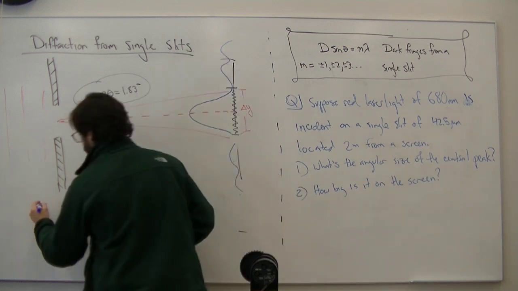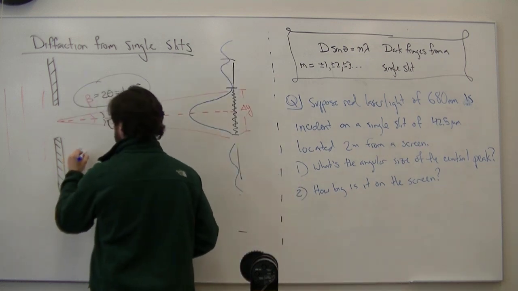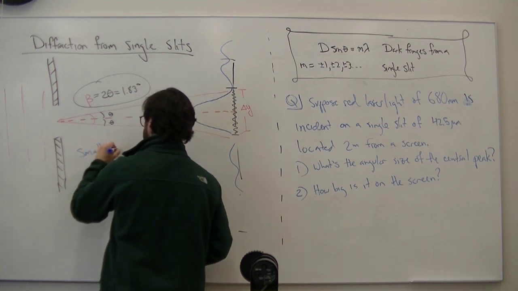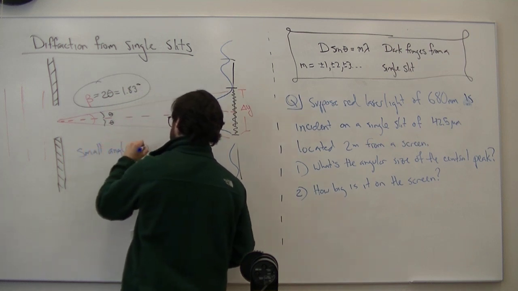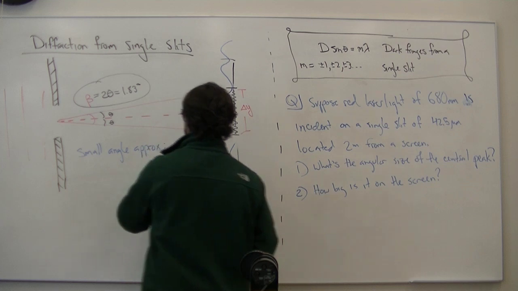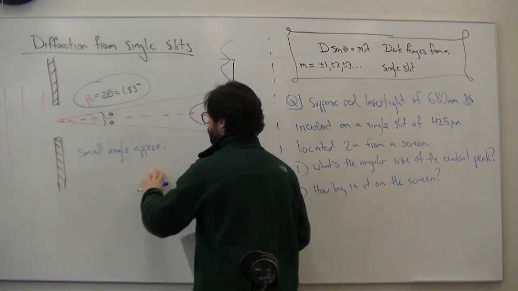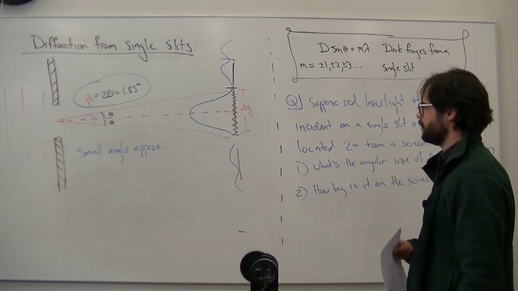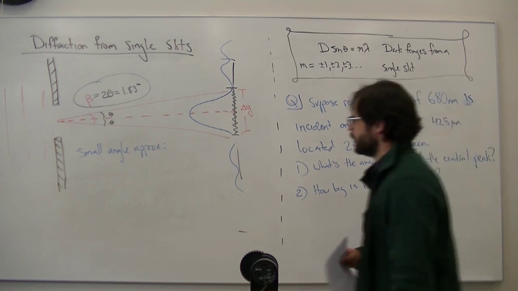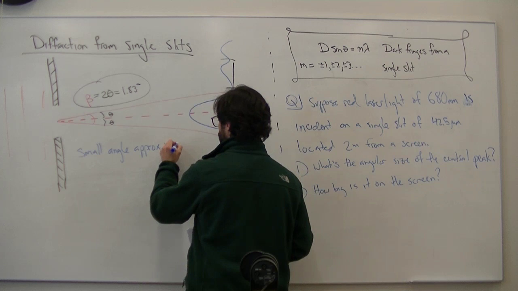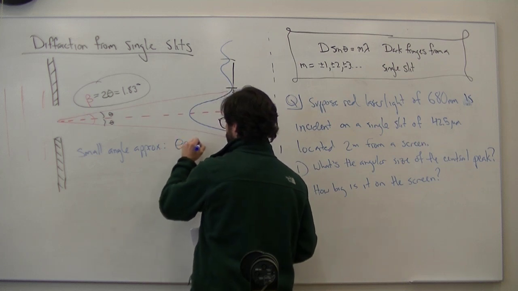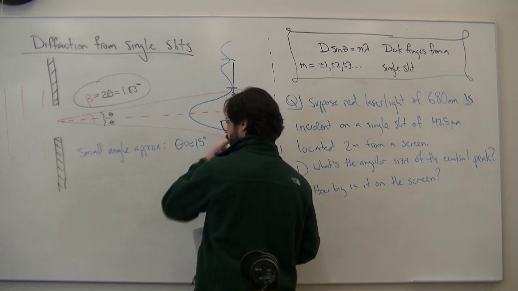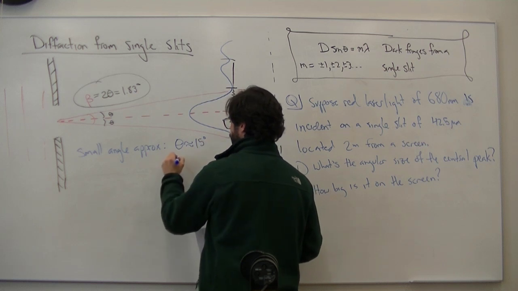So this is where the small angle approximation is useful. You can really use it depending on how much you care about the precision of your answer. So this is kind of a glib answer, but when theta is, like, 15 or less, it's okay.